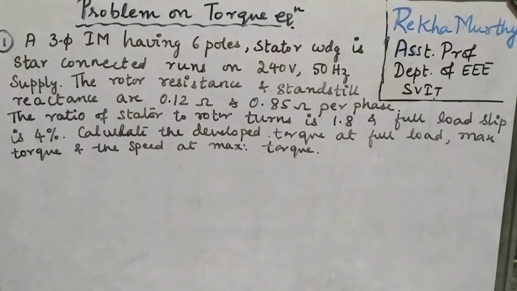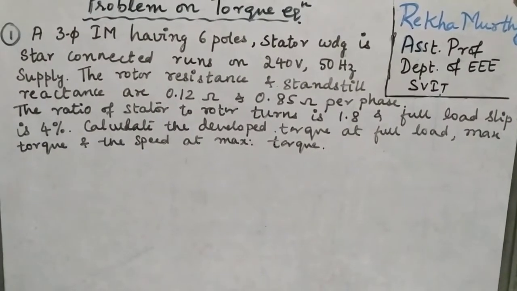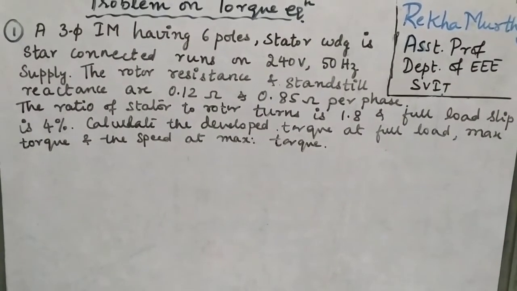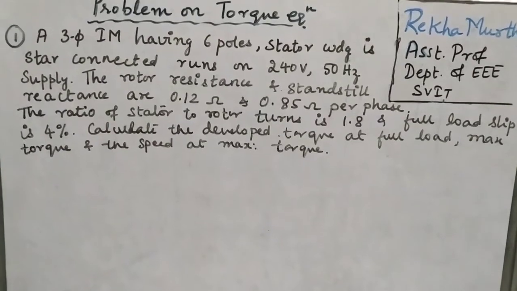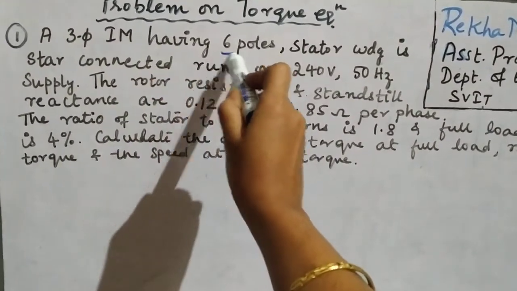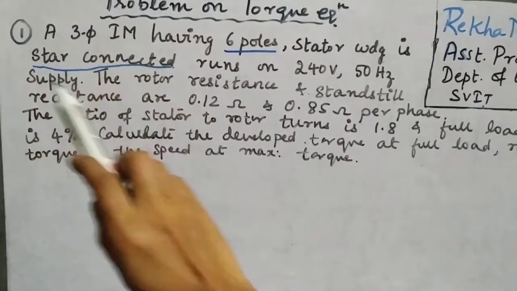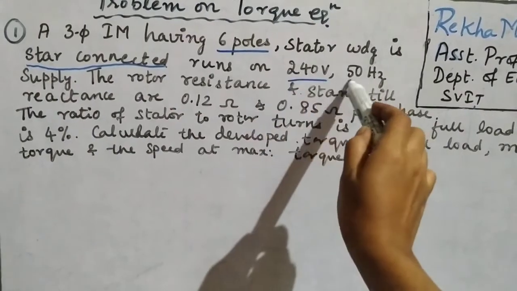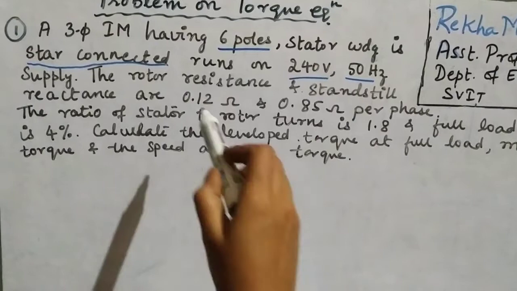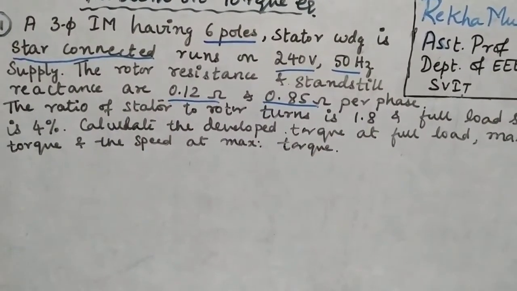Today I'm here to discuss the problem based on the torque equation of induction motor. Here the problem is a three-phase induction motor having a 6 poles stator winding is star connected. You can just underline the given values. This is star connected, runs at 240 volt 50 hertz supply, and the rotor resistance and standstill reactance is 0.12 ohm and 0.85 ohm per phase.